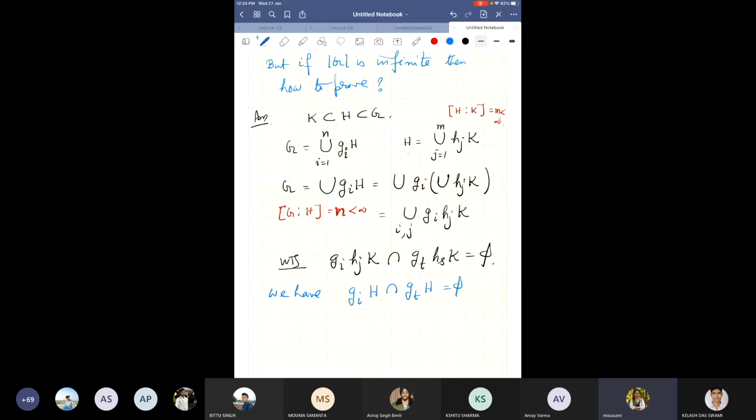Now from this I can write that g_i h_j K intersection g_t h_s K will also be empty. If these two are empty sets, then this H is a disjoint union of these left cosets of K. So if I just take one of the left cosets, then this will also be empty, isn't it?